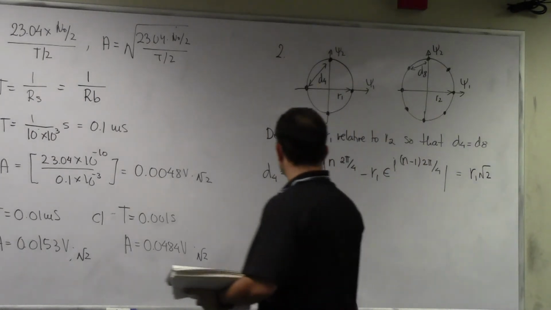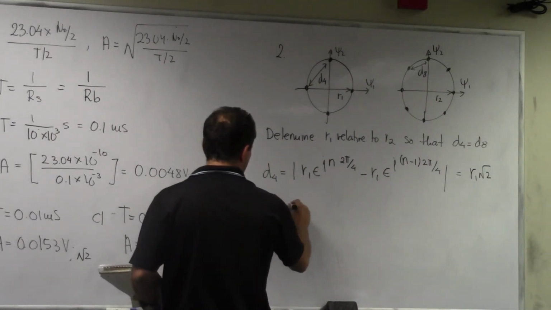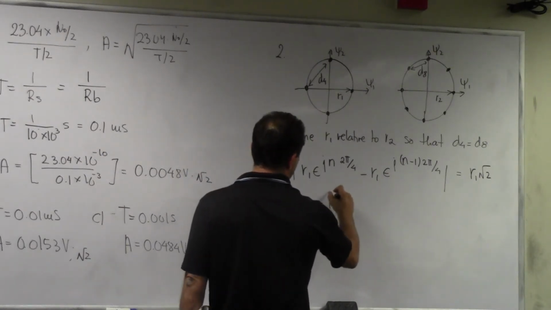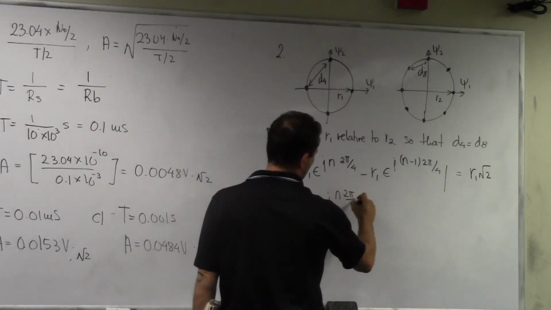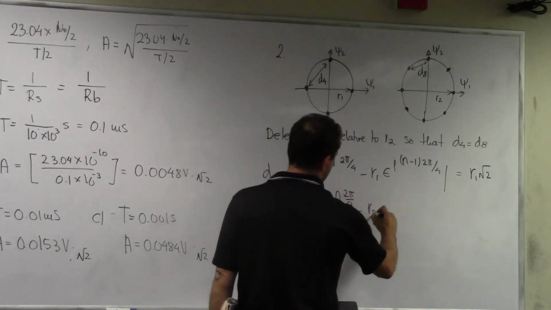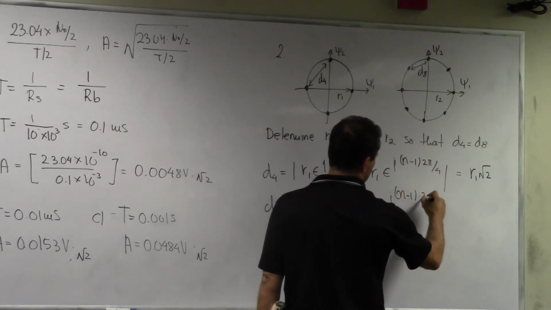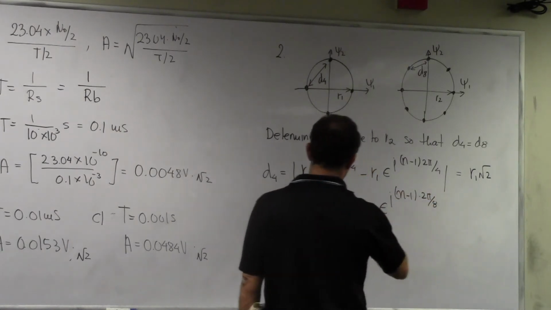D8 I can calculate as R2 e to the j n 2 pi over 8 minus R2 e to the j (n minus 1) times 2 pi over 8.